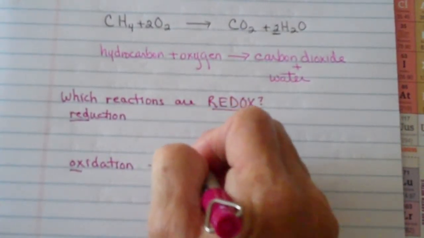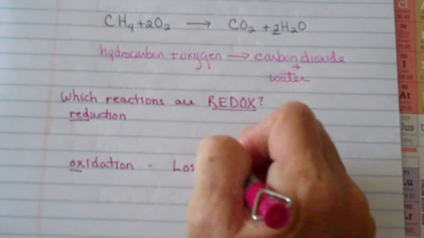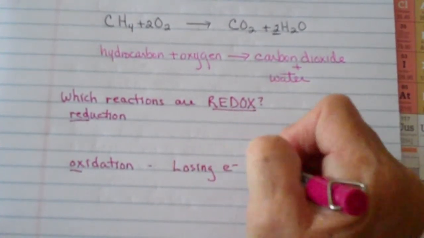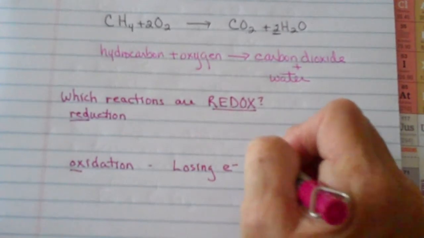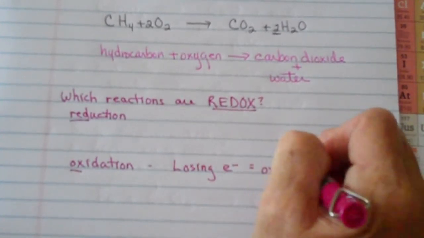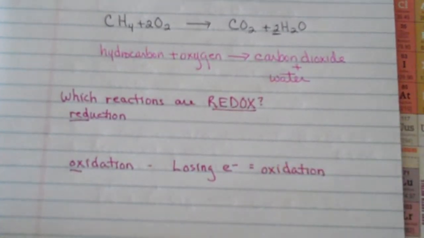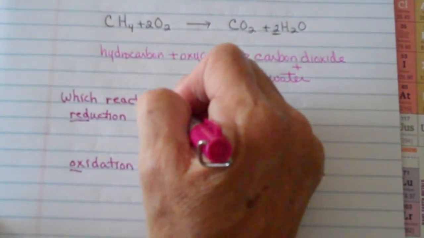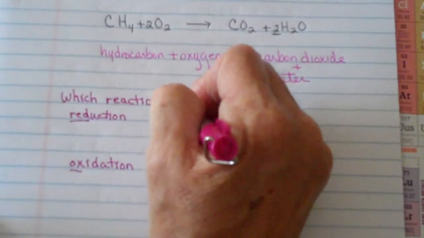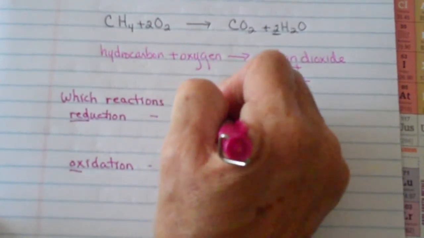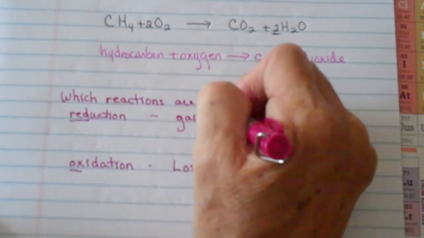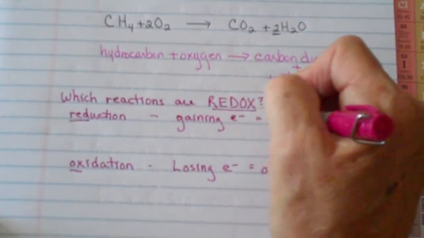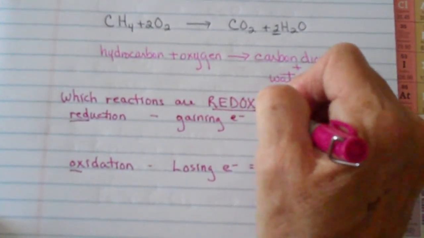Oxidation is losing electrons. And in a reduction, the substance or chemical is gaining electrons. Gaining electrons is reduction.